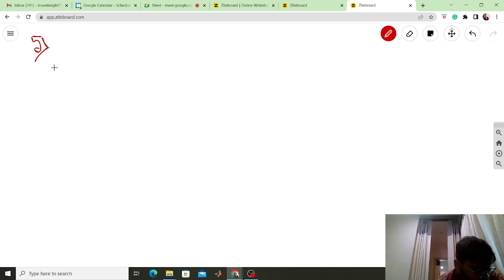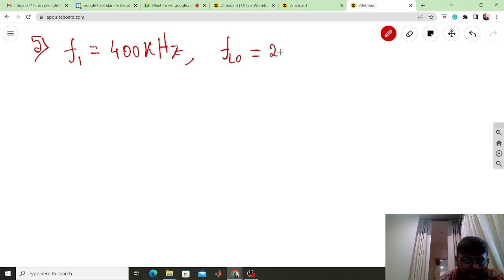Now in this question I will draw a block diagram of an Armstrong FM transmitter and there will be a question about it. So I'm just writing the parameters first. F1 is equal to 400 kilohertz. FLO is equal to 21.6 megahertz.